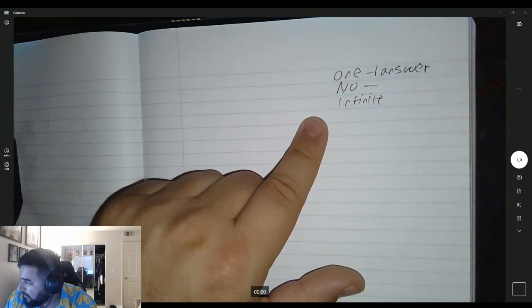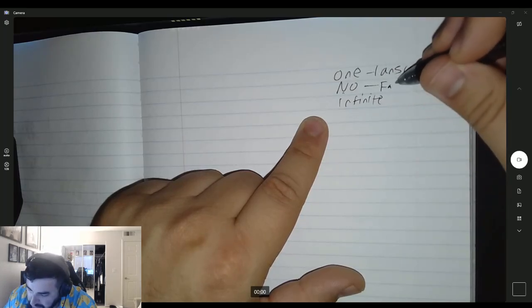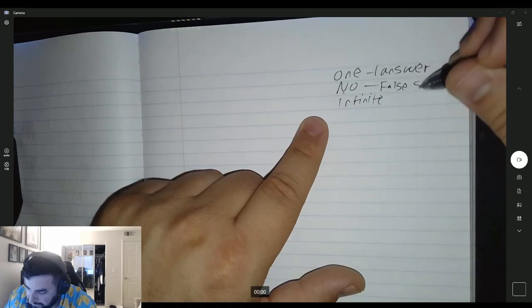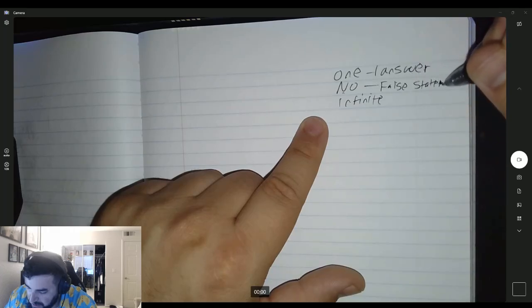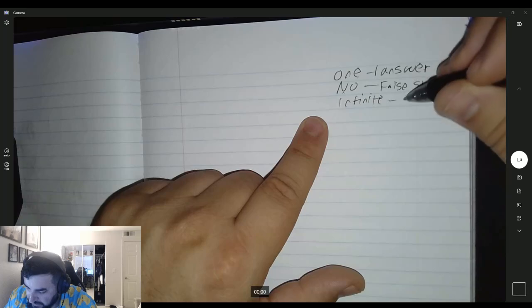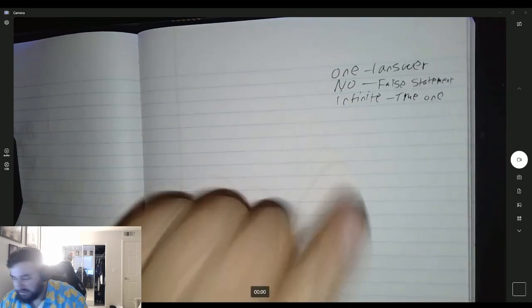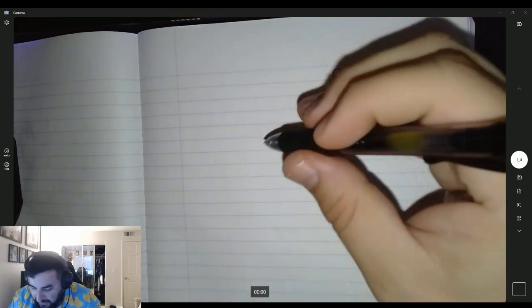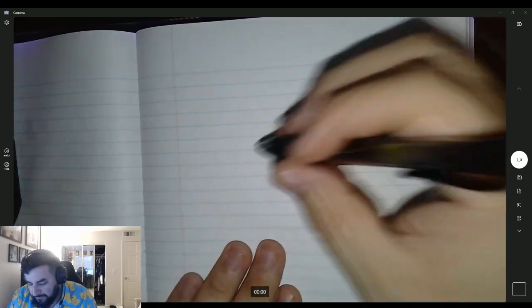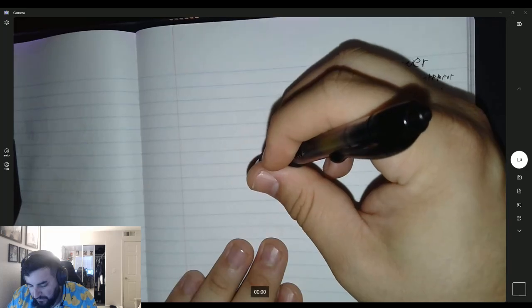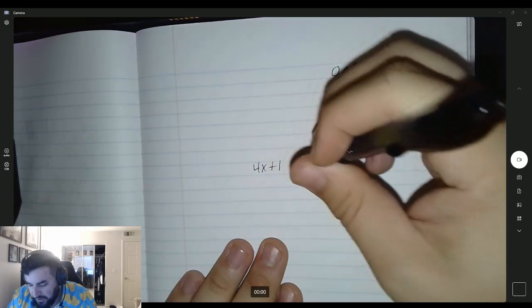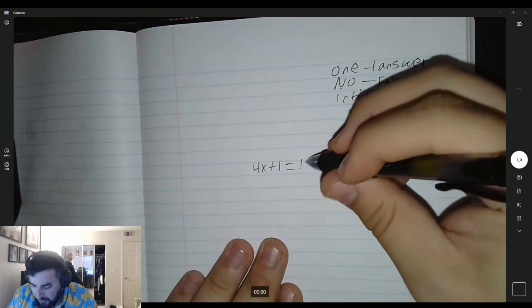The no is a false statement. And the infinite is a true one. And sometimes you can tell when the infinite is without even doing any math. It's crazy. So let's go 4x plus 1 is equal to 1 plus 4x.